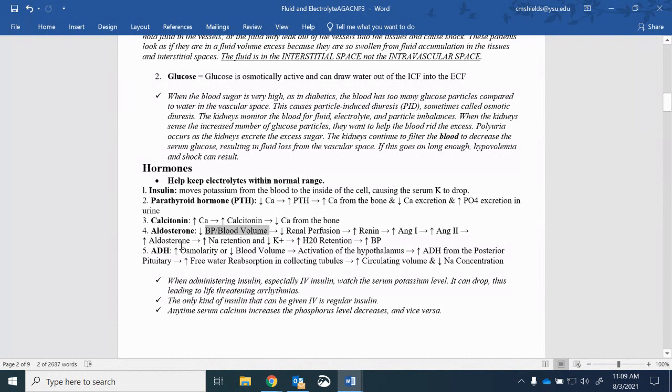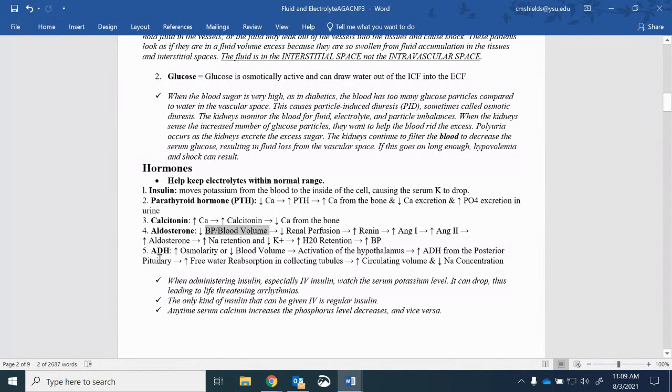So when we're blocking aldosterone with aldosterone blockers like ACE inhibitors and ARBs, this changes, right? We get a decrease in sodium and an increase in potassium. So super important, very basic concept here. Once the sodium starts to become retained by the kidneys, hence water will be retained and we get an increased blood pressure because of this cycle.